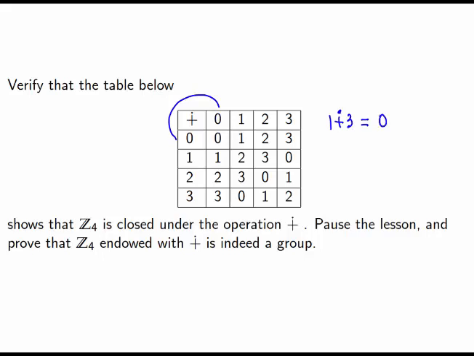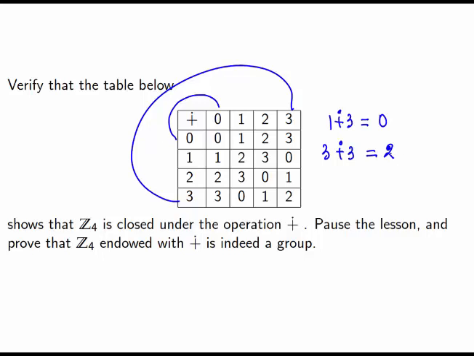What about 3 plus 3? In the usual sense, 3 plus 3 is 6, but if you divide 6 by 4, you have a remainder of 2. So in this fancy addition, 3 plus 3 is actually 2.